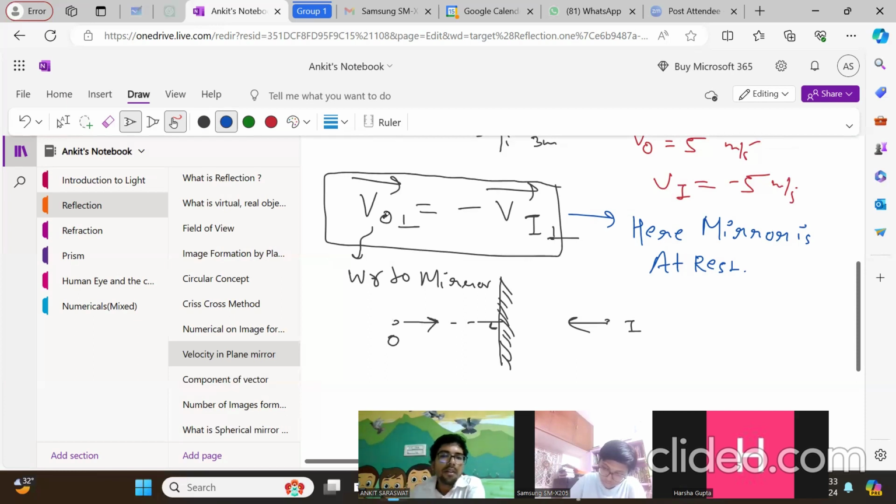Clear? And what is this? VI perpendicular, velocity of image. Did you write? Yes, sir. Velocity of image perpendicular to the mirror surface. Clear? Any doubt? No doubt, sir.